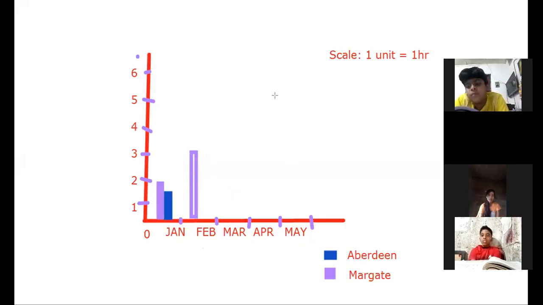After that, what about the second city? The average hours of sunshine is 3 hours. So we can draw according to 3.